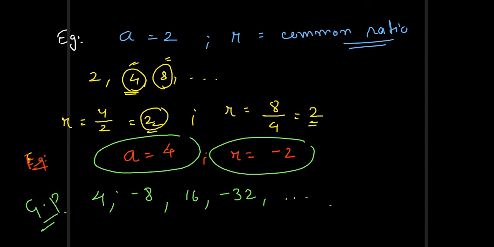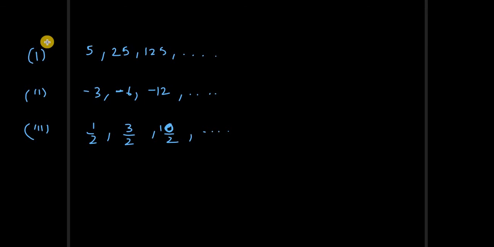Now let's check whether these sequences are in geometric progression or not. In the first sequence we have 5, 25, 125. Here we have a as 5, and let's see what r is. 25 by 5 is 5, so my r is 5.